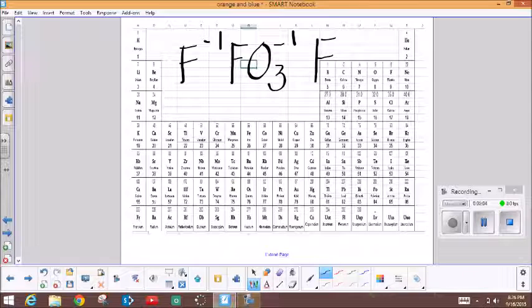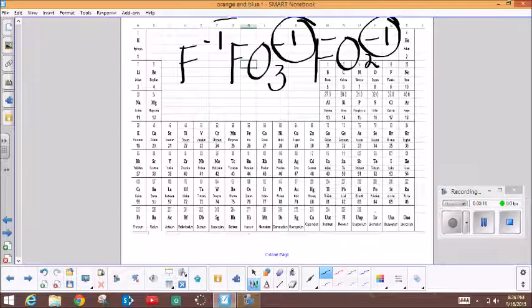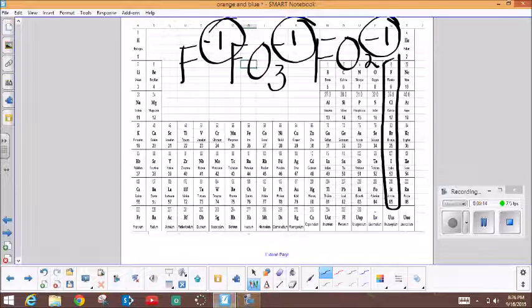And when I am fluorite, I'm also a -1. So you'll notice here that no matter what, my charge on everybody that is on the bus loop is the same no matter what kind of ion I am.